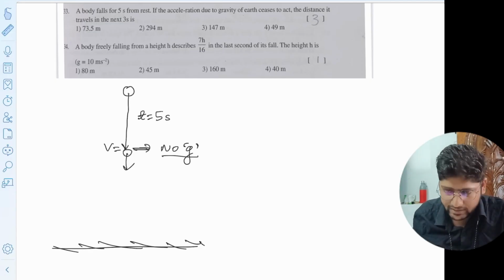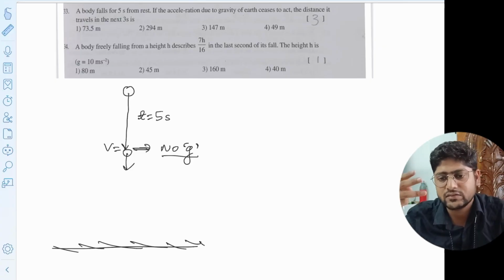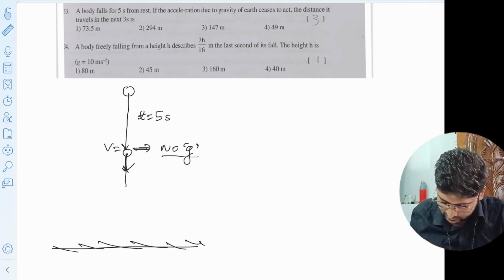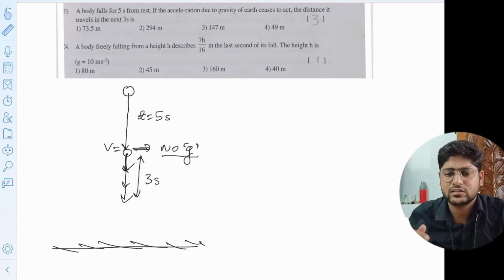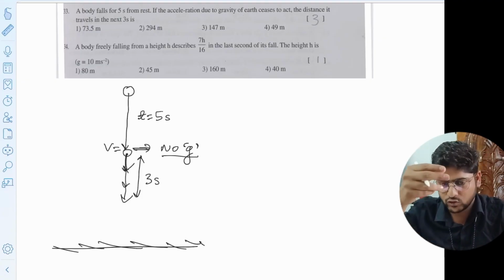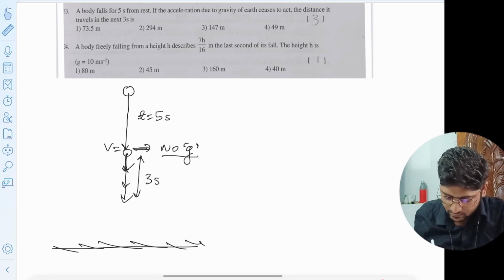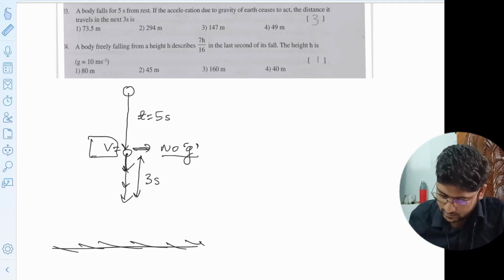We have to calculate, after the gravity is not there, how much distance it will travel in the 3 seconds. So velocity into time, suppose 1 second, 2 second and 3 second. In these 3 seconds, how much distance will it travel? Distance equals speed or velocity into time. So first we have to calculate what will be this velocity after the 5 seconds.